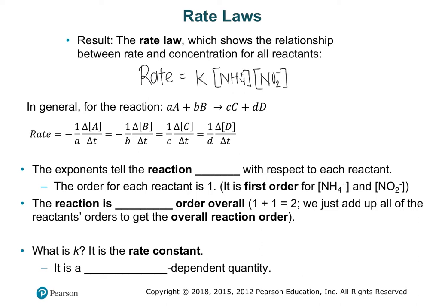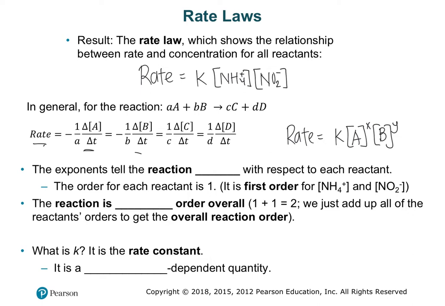So for the general reaction, a A plus b B goes to c C plus d D, we can relate the rate by the change in our concentrations over time, or I can relate it by the rate law, which says the rate is equal to a constant times our reactant A to the X, and our other reactant to the Y. And we can have more than 2, or fewer than 2, reactants.